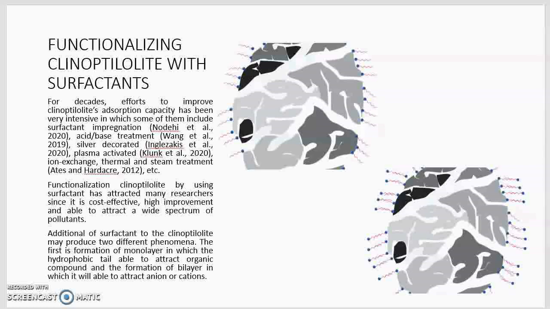As you can see, with the formation of a monolayer, the tail is directed away from the clinoptilolite, and the head, which is the hydrophilic part, will be attracted to the clinoptilolite.